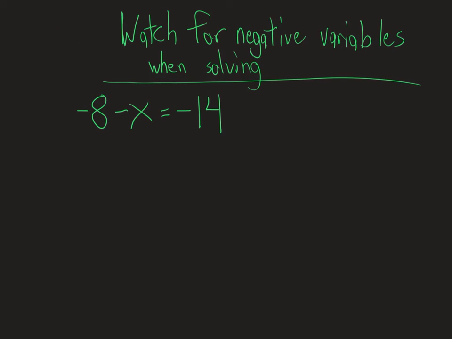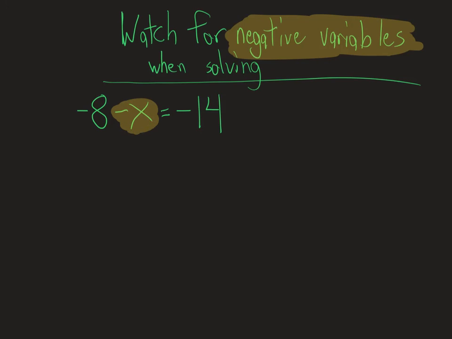All right, last thing. Negative variables. I covered this at the beginning of the two-step lesson on a one-step equation. Just coming back to make sure on a two-step it's still clear to you guys. Here's what I'm talking about. All right, let's dive in. Negative 8 minus x. How are we going to cancel that negative 8? What operation is it? It's an add subtract.